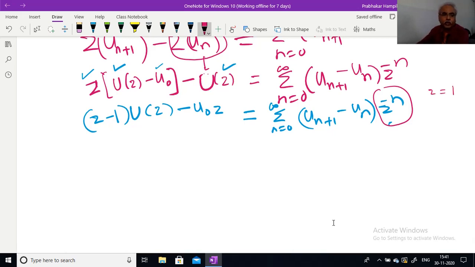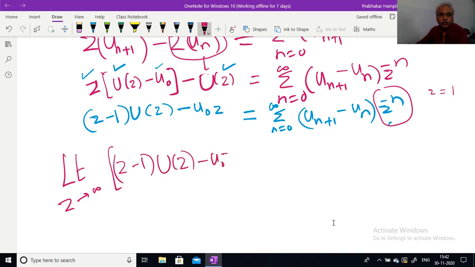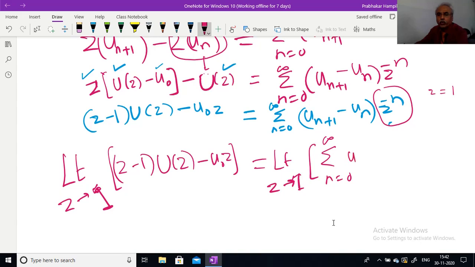Putting z equal to 1 is equivalent to the limit of the left hand side as z tends to 1, which is the same thing as the limit as z tends to 1 of the right hand side, the summation n equal to 0 to infinity of (u_(n+1) minus u_n) z raised to minus n.